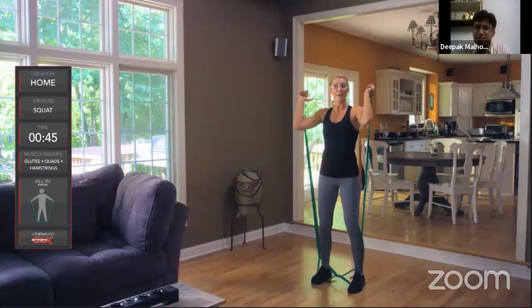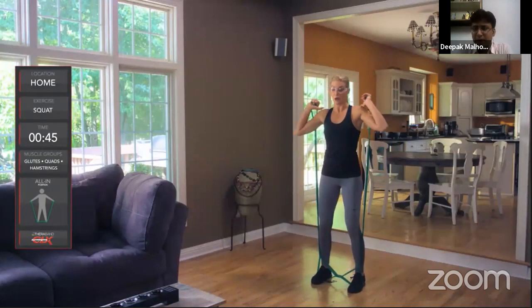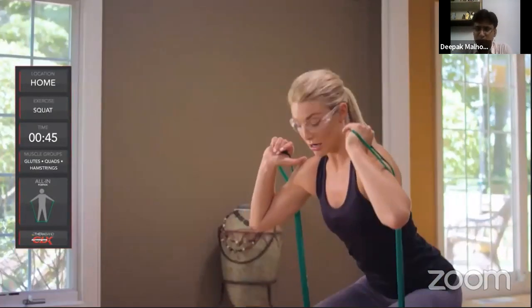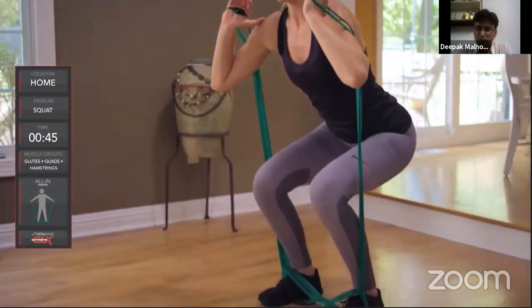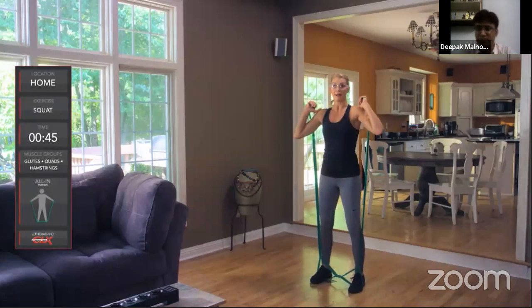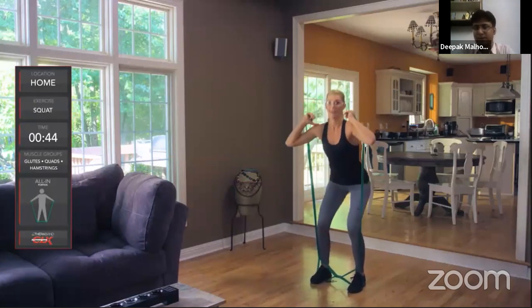Not just the CLX. You can use the normal bands also for this. You can use the tubings also for this. It's a very effective exercise when you incorporate bands in your squatting.